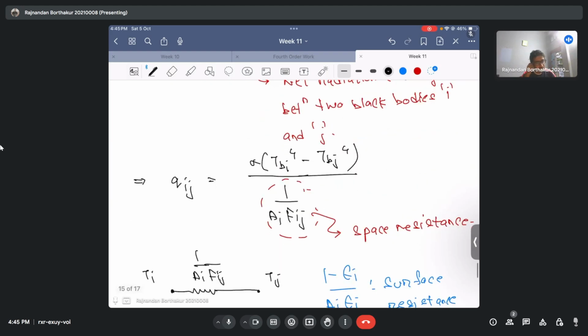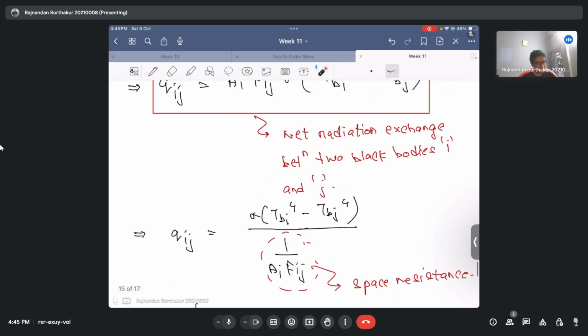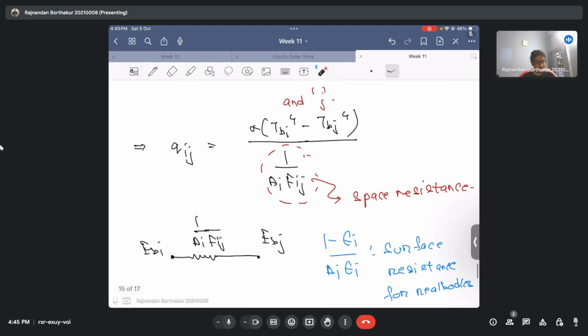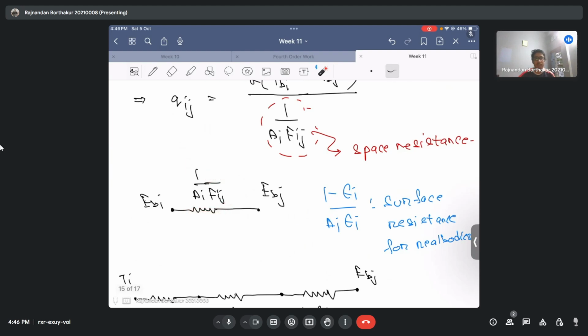Now people don't represent these nodes as temperature nodes, typically because your temperature has a 4th power. Instead they represent them as emissive power nodes, and that's why they write these nodes as EBI and EBJ. So for a black body, the net radiation exchange is nothing but the difference between these emissive powers divided by the space resistance, which is 1 by AI Fij.